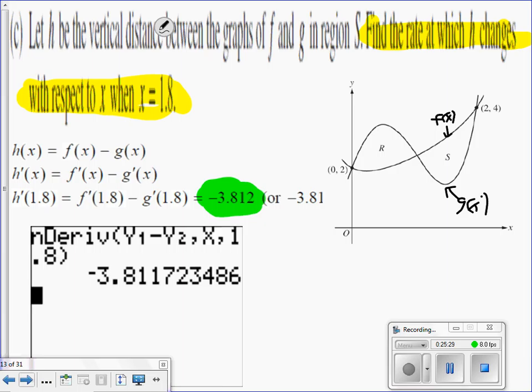So we want the derivative of h when x equals 1.8. So we want h prime of 1.8. So if we've got these stored in our calculator, if I have f of x stored in y1 and g of x stored in y2, I just have to find the derivative. Rate at which something changes is the derivative at 1.8.